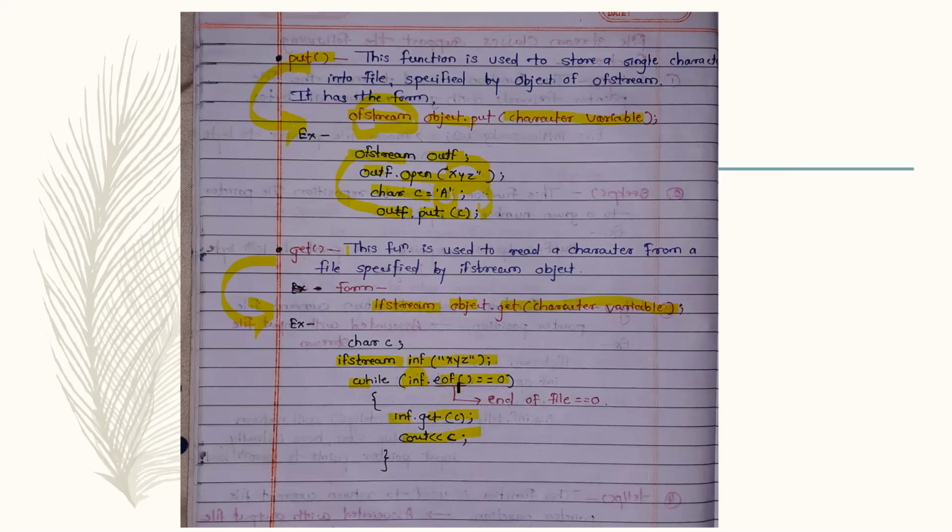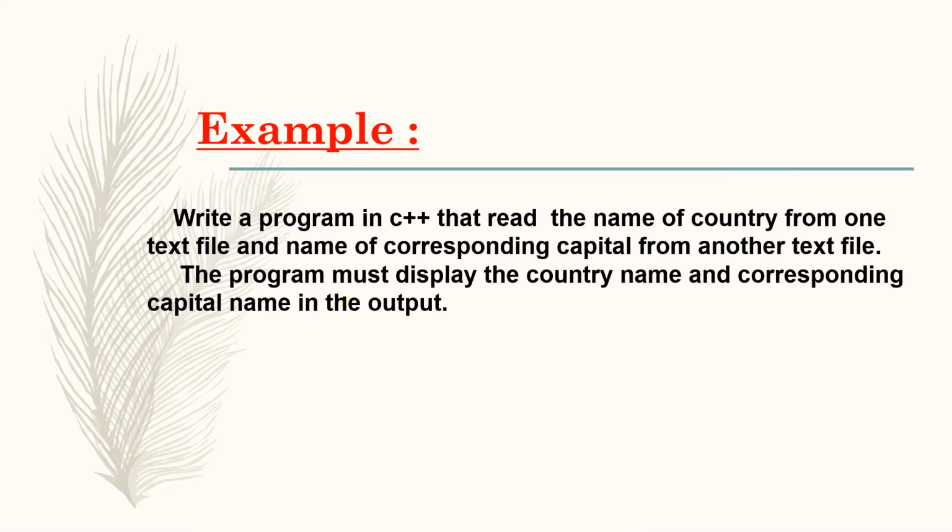Means while end of file is equal to 0, read characters from the file xyz. So put is for inserting and get is for reading characters from the file. Now we'll see a simple example for file.